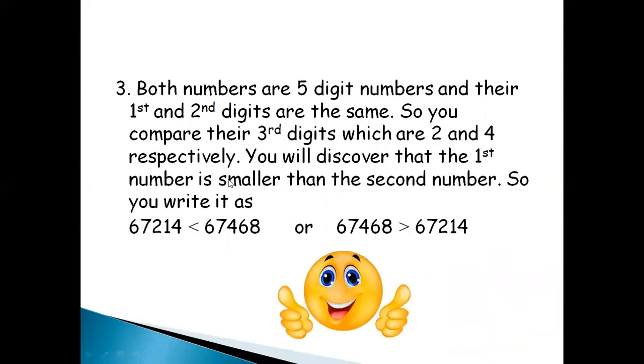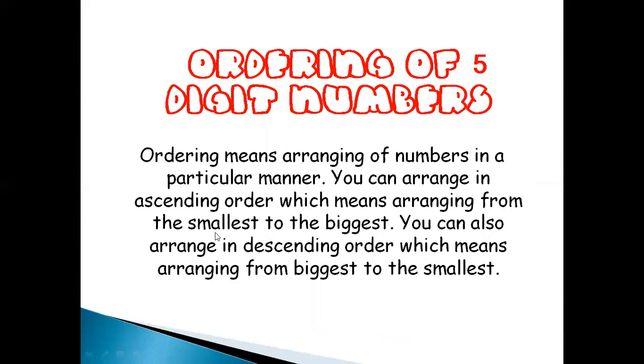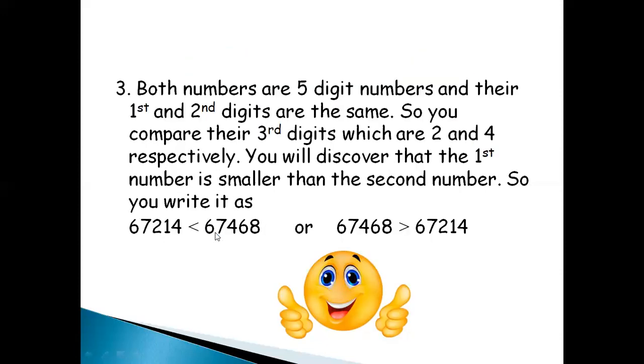Okay, let's look at this example 3. We want to compare 67214 and 67468. The first digits are 6 and 6, so we cannot use that for comparison. The second digits are 7 and 7, we cannot use that for comparison. Then you move to the third digit. This is 2 and this is 4.